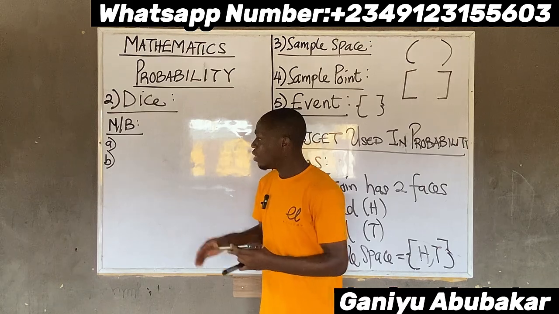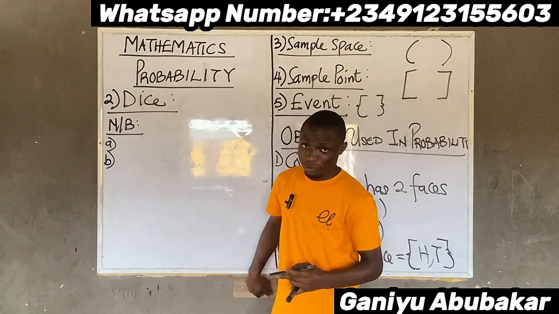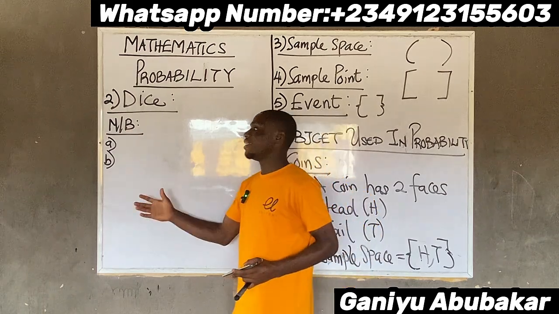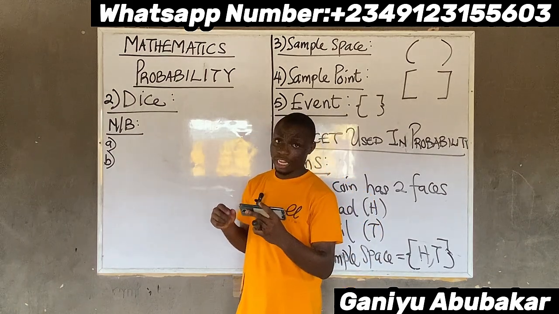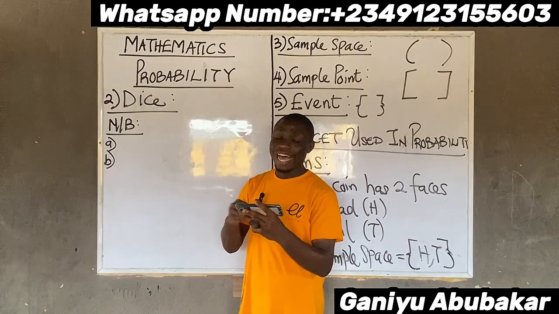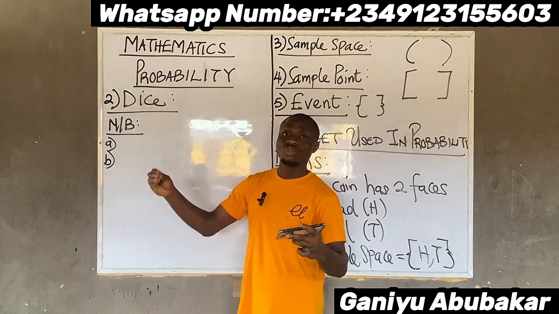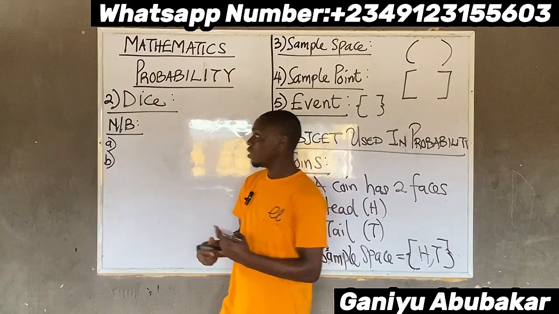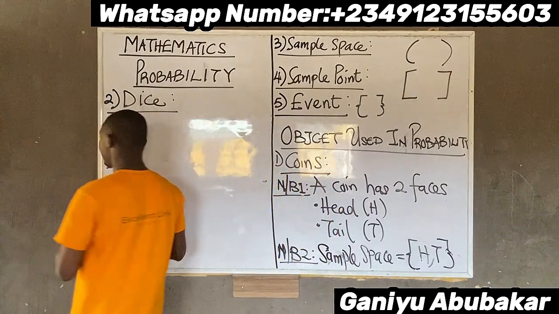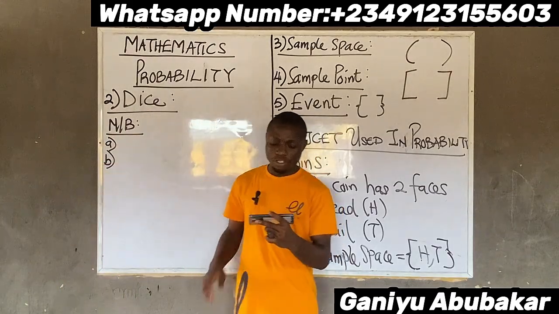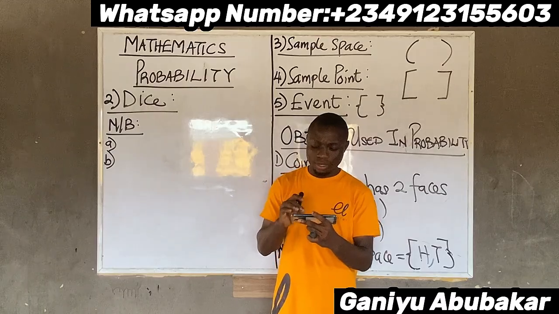I've given you A, B, C, D to note. Now, a dice has 6 faces, and the faces are numbered 1, 2, 3, 4, 5, 6. Don't worry, I'll show you the video of dice so you can see what I'm saying.